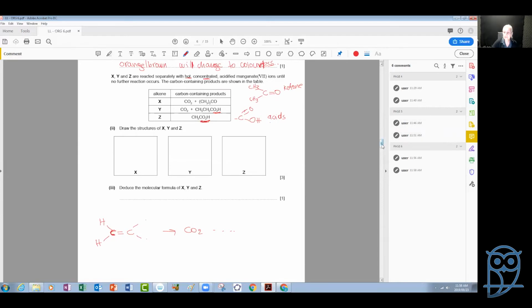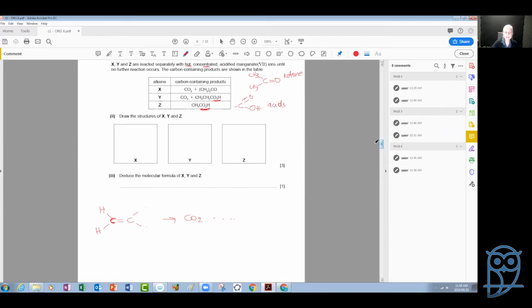Then, if we have one hydrogen and one some kind of alkene connected, if the one, for example, is a hydrogen and the other one is some kind of alkene of any sort, then the product here will be an aldehyde, which will further be oxidized with reflux into acid.